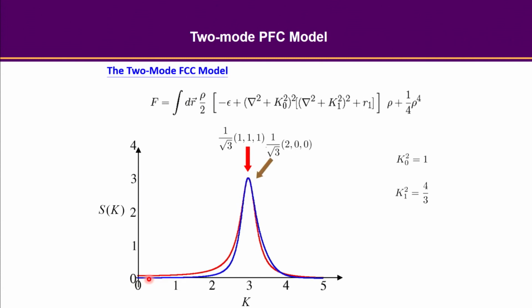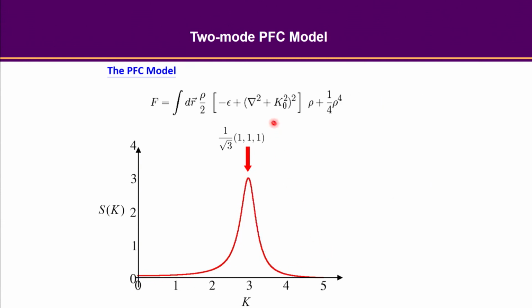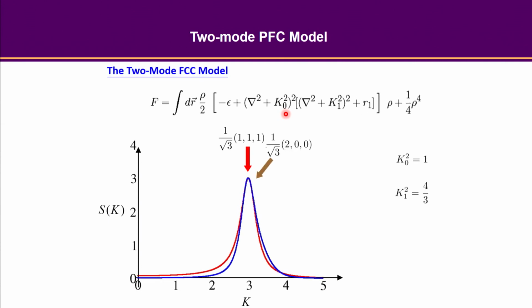But now we want to include more modes being excited. The idea before is, of course, that this kernel prefers anything with wave number equal to k0, or wave number magnitude equal to 1. So in order to encourage other modes in our system, for example, something with magnitude equal to k1, I can simply multiply this Laplacian kernel with a Laplacian plus k1 squared kernel, squared, plus a little shift, R1.